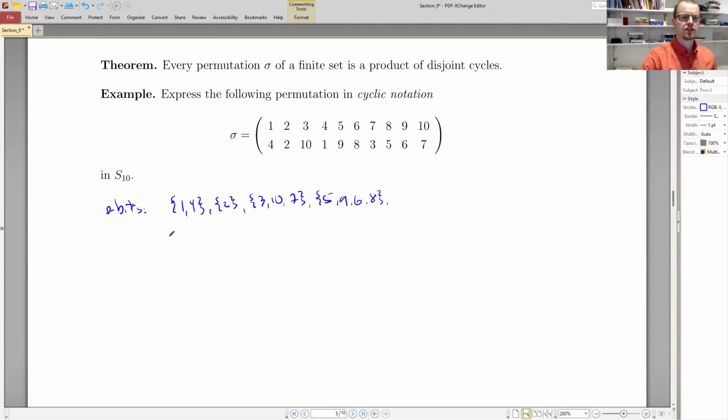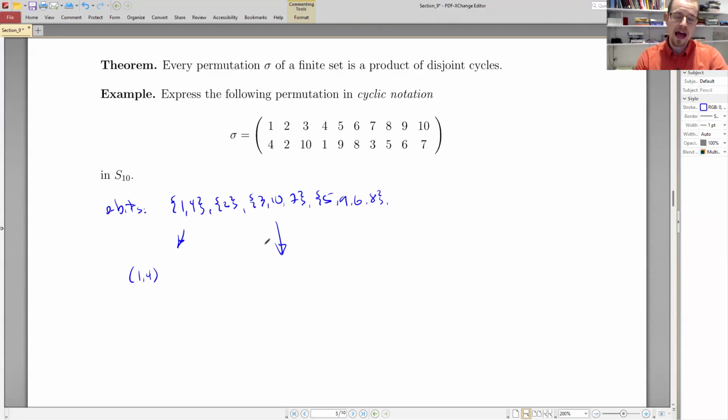Now, if I wanted to consider the permutation that has this as its only orbit, that would be the cycle (1 4) in cyclic notation. This we don't need to bother writing down, right? It's fixed. That's no problem at all.